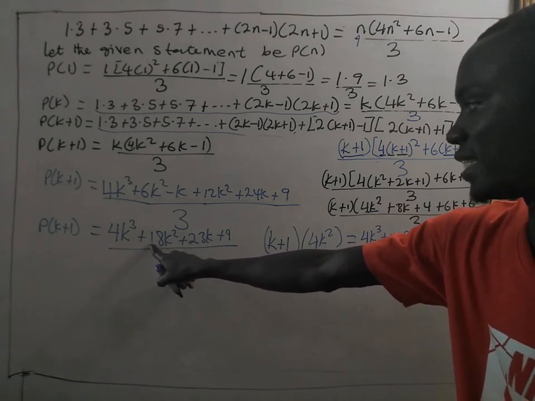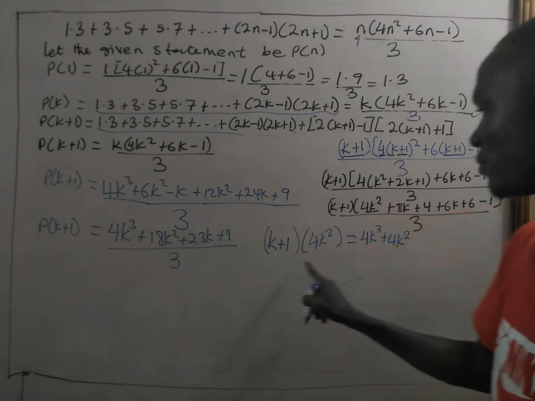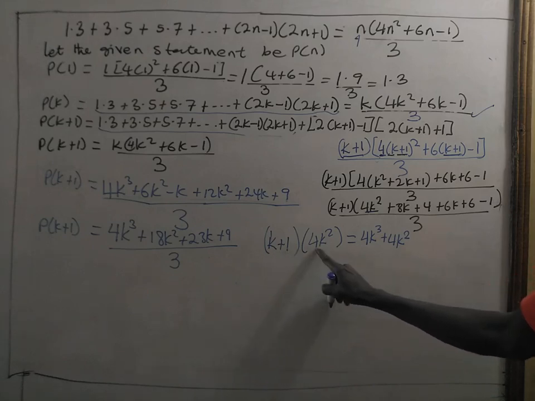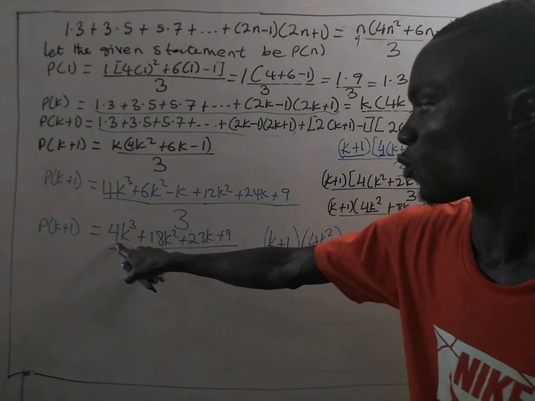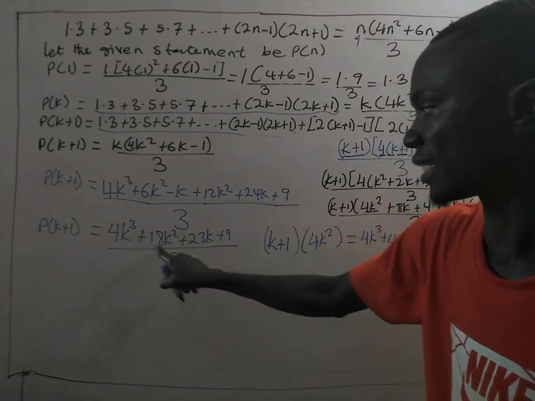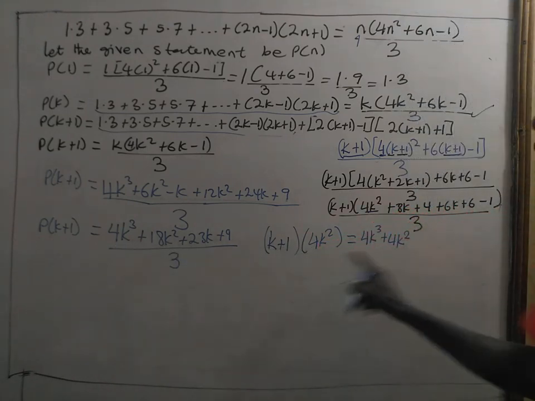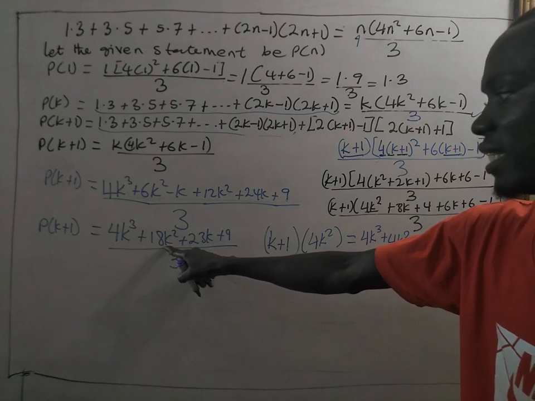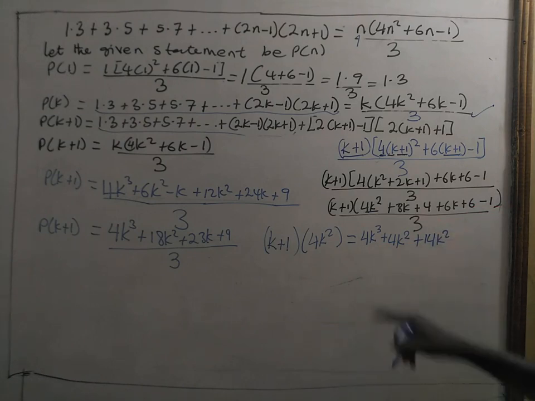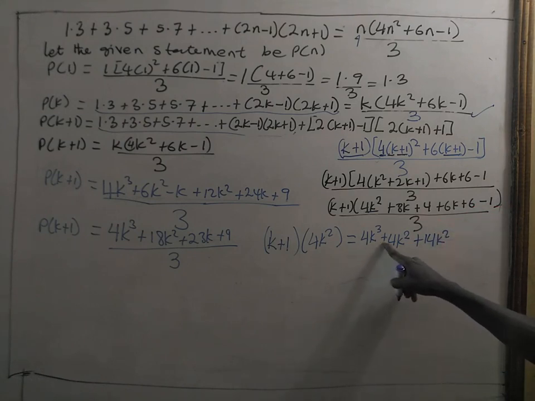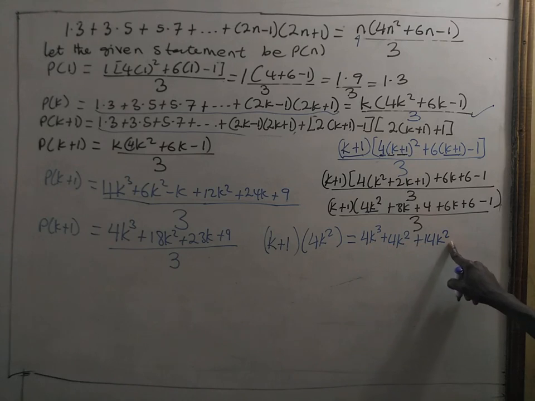We need 18k squared. But if you multiply k plus 1 by 4k squared, you get the 4k cube and 4k squared out of the 18k squared. So this one will remain plus 14k squared. So we have 4k cube plus 4k squared plus 14k squared.